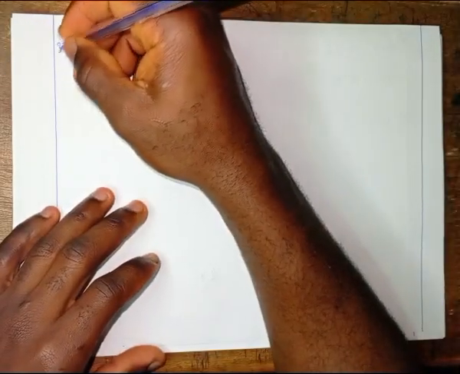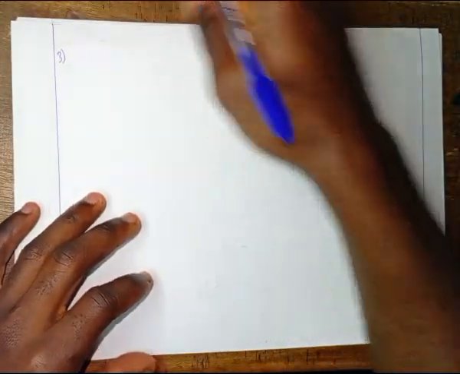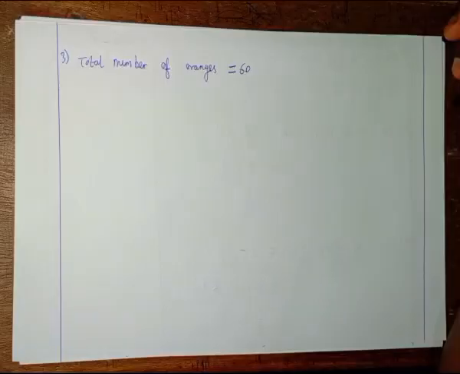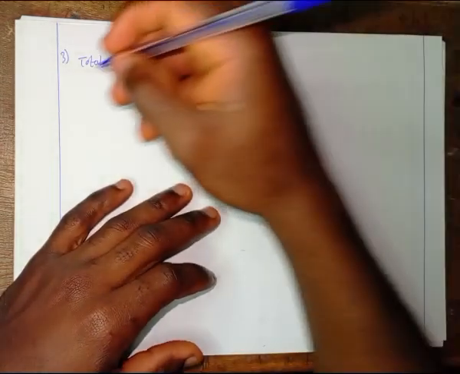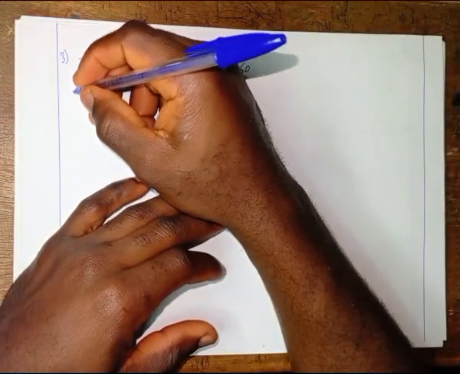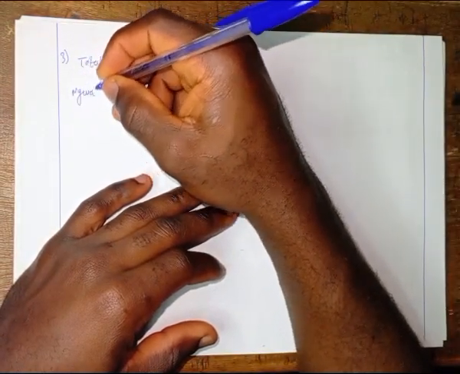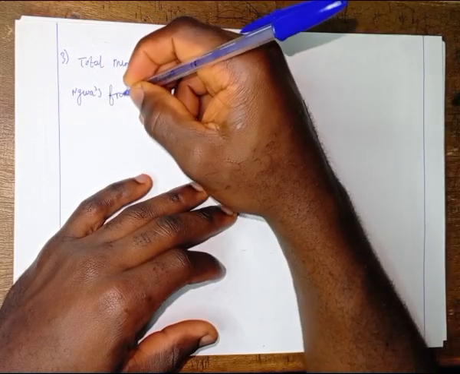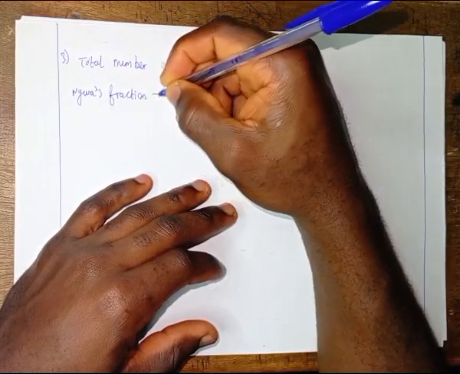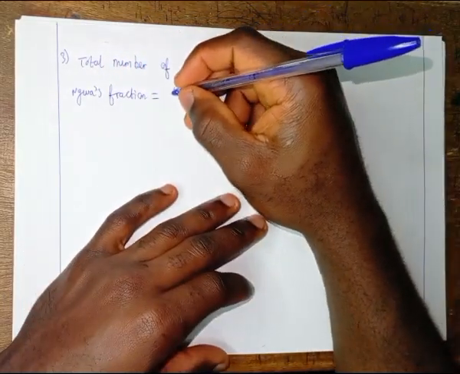For question 3, it says that 60 oranges were shared to Ngwa, Ngu, and De, with each person having a fraction of, we have Ngwa's fraction is equal to 1/4.